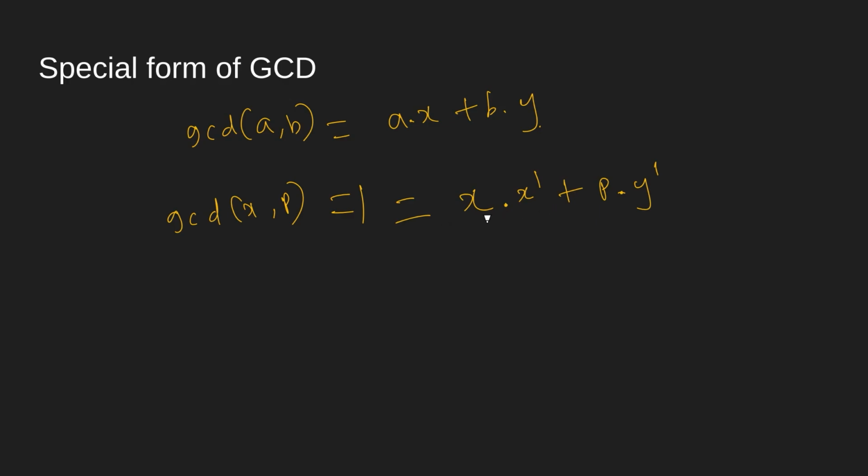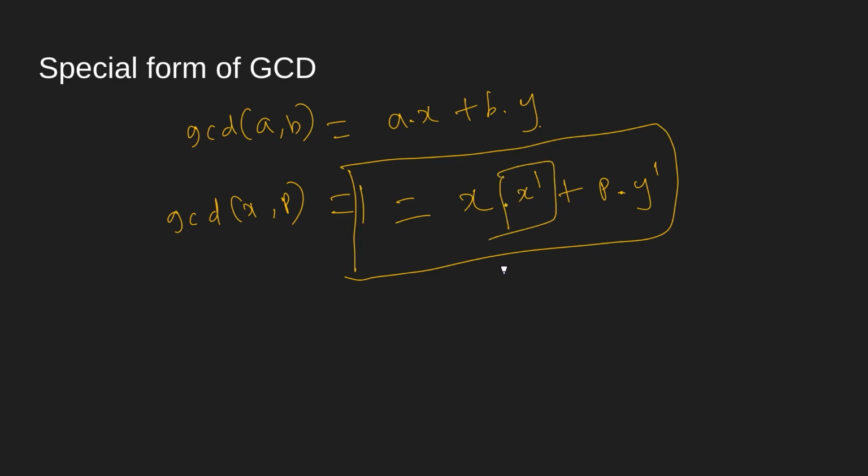So we can write it in this form. What does this state? Just take a look at this. Now from this we can conclude that x dash is the multiplicative inverse of x with respect to mod p.